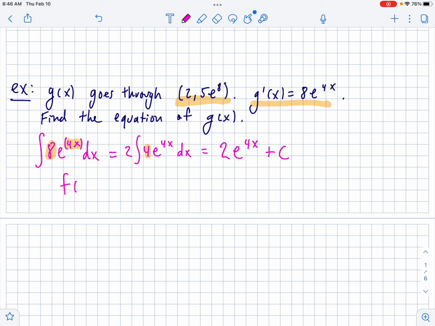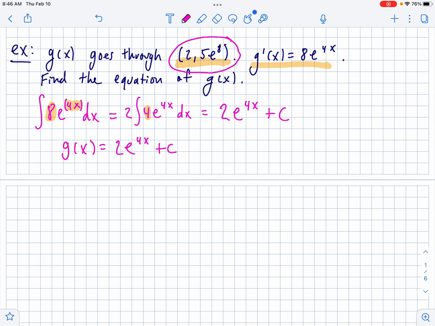Now, the original function g of x is 2e to the 4x plus c. But now we're going to plug in this point right here, 2 comma 5e to the 8th. So that means you can get 5e to the 8th if you plug in a 2.